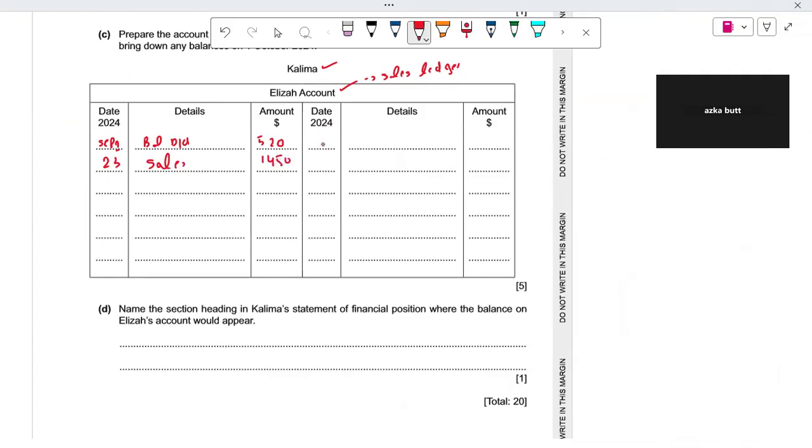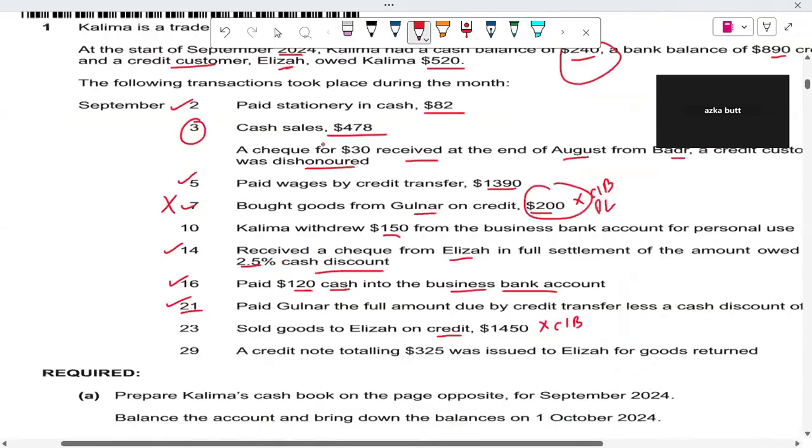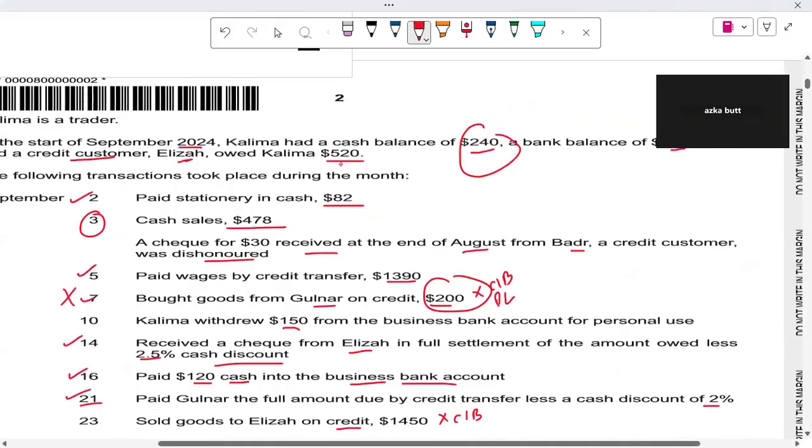Okay, and also we receive the amount from Elizah. So where is the amount which we received from Elizah? Yes, this is on 14th September. We received a check from Elizah in full settlement of the amount owed less 2.5% cash discount. So she owed us 520. Okay.